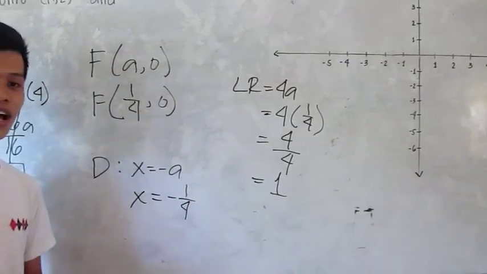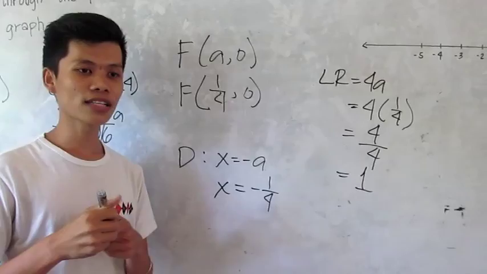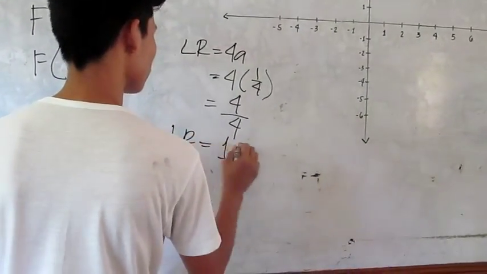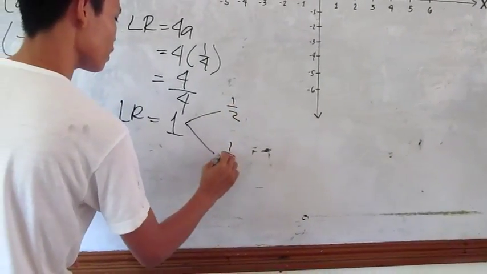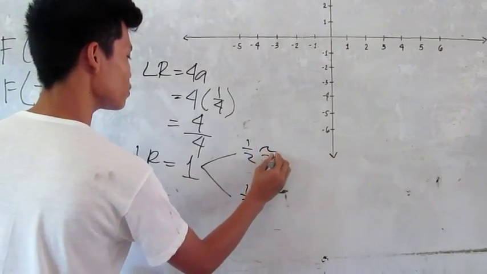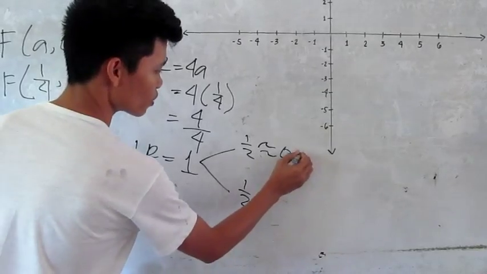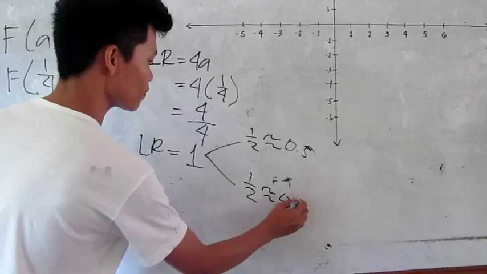According to the definition, we need the two lengths of the latus rectum, so we need the two branches of it. So 1/2 and 1/2 right here, and the value of 1/2 is equivalent to 0.5, so this is 0.5 and this one is 0.5.